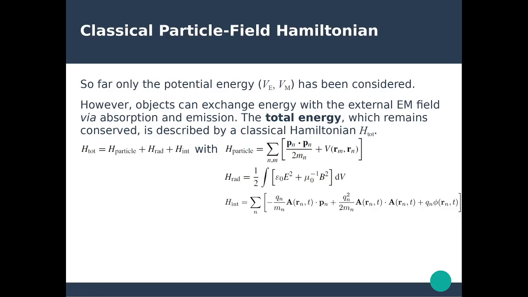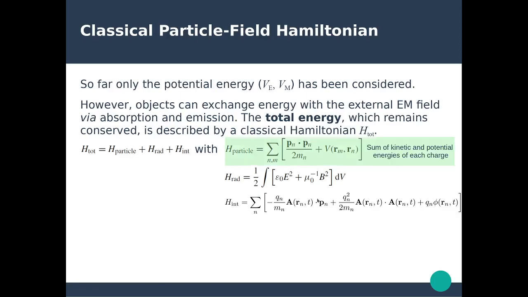The total energy is conserved, and in fact it can be described with just a classical Hamiltonian as the sum of the energies from the particle, the electromagnetic radiation, and the interaction term. So that's forming the total energy of your system. Let's break down this Hamiltonian term by term. You do not need to remember the expressions of those terms here. What you should focus on is the physical meaning of those terms.